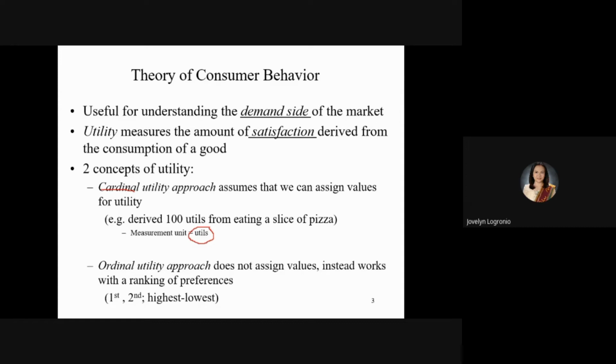Then next is banana, then third si orange. So pwedeng i-rank mo siya as first, second, third. Or pwede rin highest to lowest. So again, sa ordinal utility approach, we simply rank our level of satisfaction from the consumption of a good.